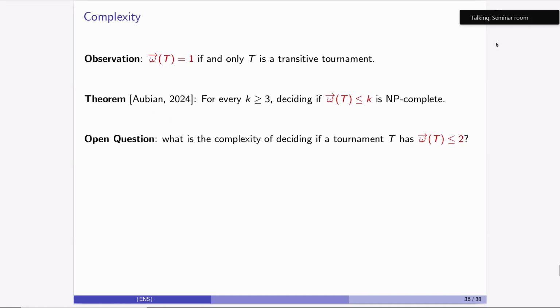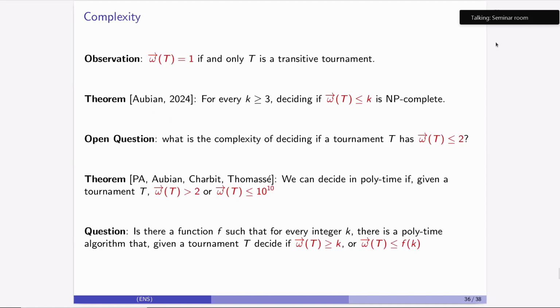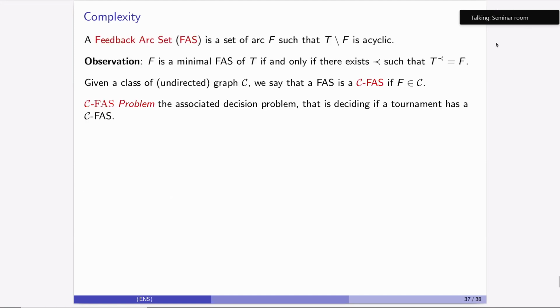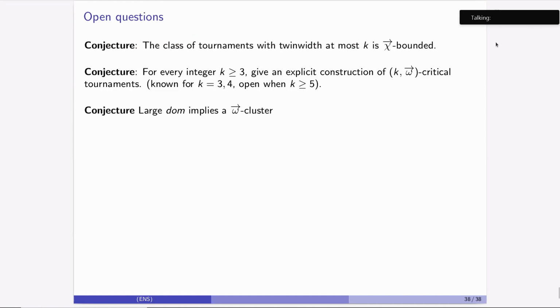Let me skip maybe the complexity. It was long enough to talk, I think. So those are open questions. Some are new. If you like twin-width, we were not able to prove that the class of tournaments with twin-width at most k is chi-bounded. We strongly think it is true, but we are maybe not very smart with twin-width of tournaments.